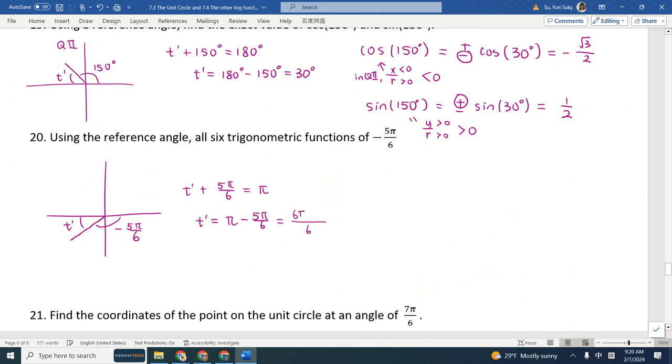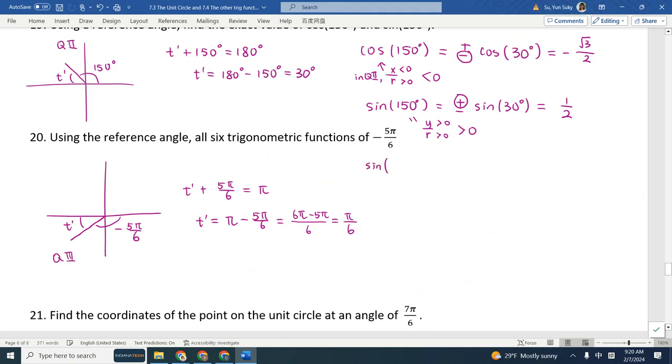Pi is like 6 pi, minus 5 pi is pi over 6. So the reference angle is pi over 6. And we want to find all 6 trig functions. Okay, let's do that. So you want to write tiny.